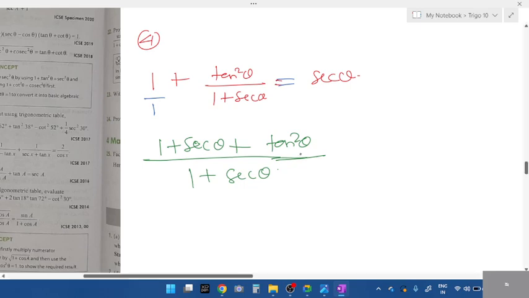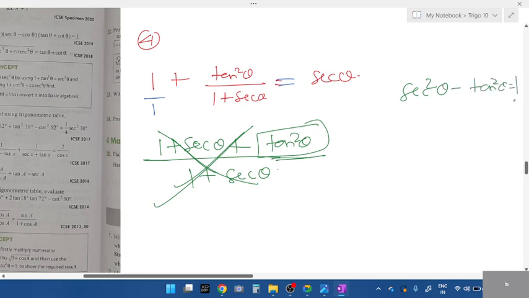Left hand side, we need only sec theta. How do you convert, student? Or tan square is given. Just ignore all this. What is tan square theta? What's the formula? Sec square theta minus tan square theta is equals to 1.